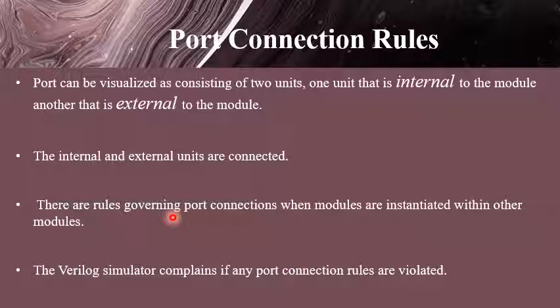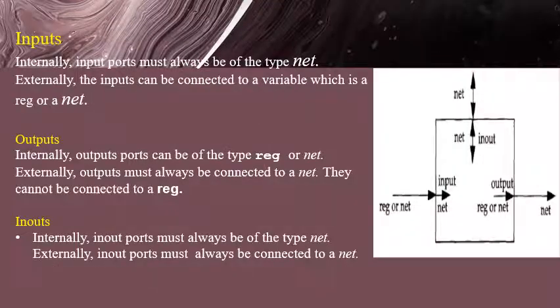So the same internal signals you will be connecting in the stimulus block as external signals. While doing that task you have to follow some rules, and the Verilog simulator complains if any port connection rules are violated.